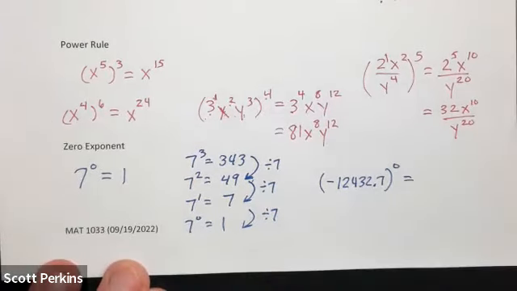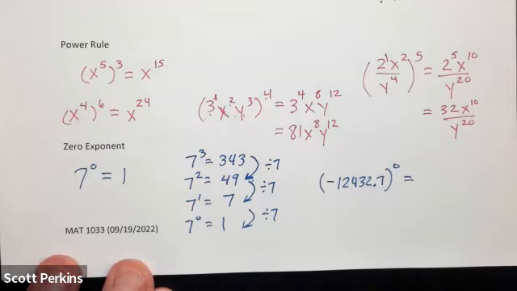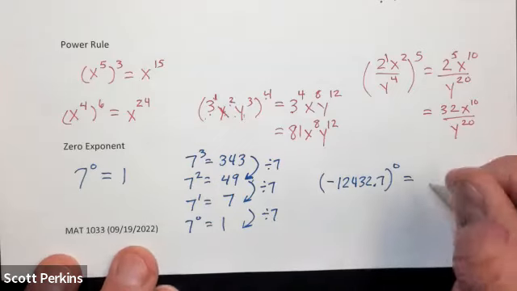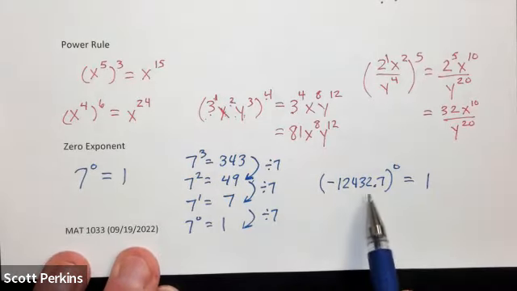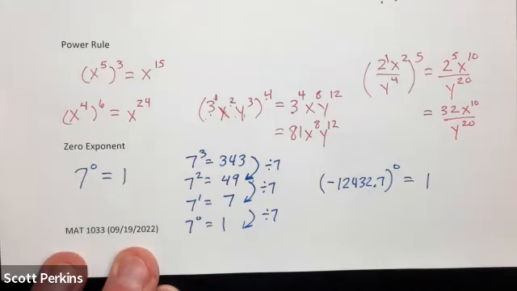And I know all the time you're taking is because you're writing down the crazy number I wrote. But what is negative 12,432.7 to the 0 power? It's going to be positive 1, because any number that I raise to the 0 power is going to be 1.